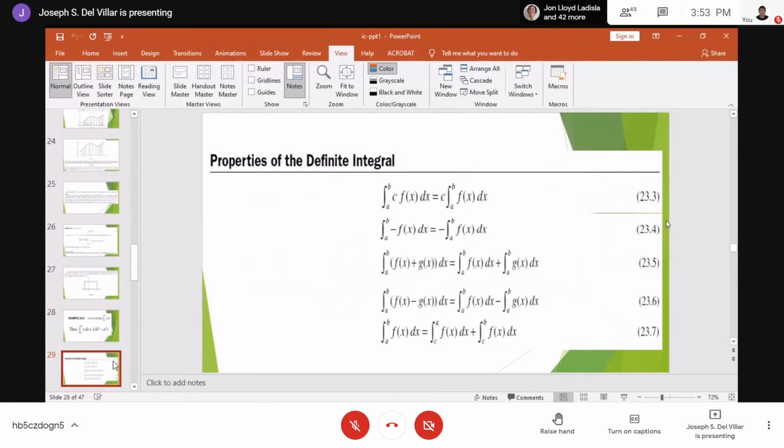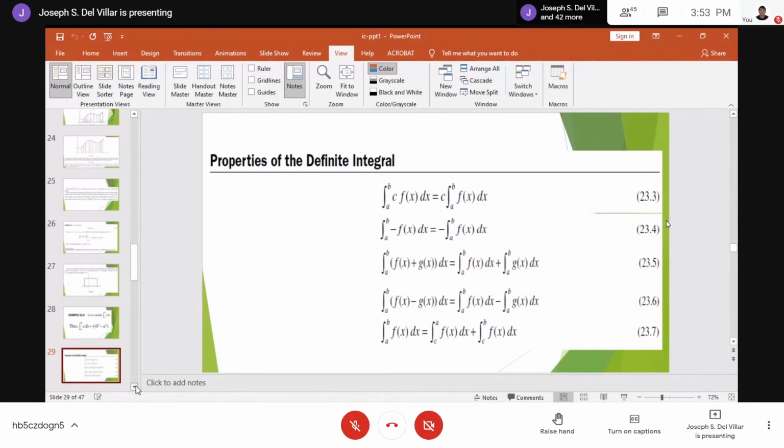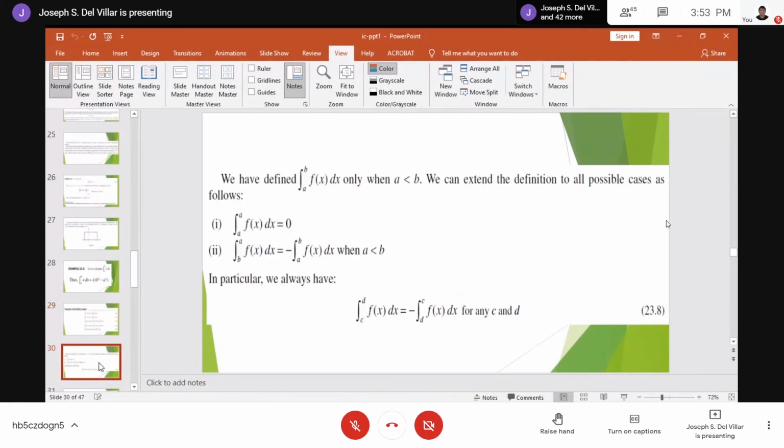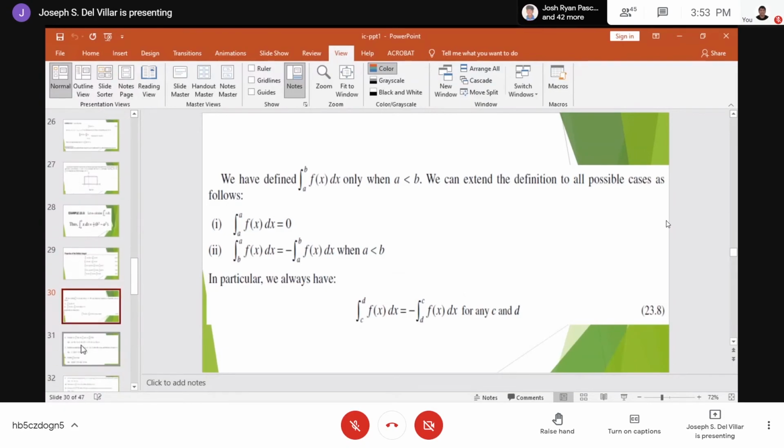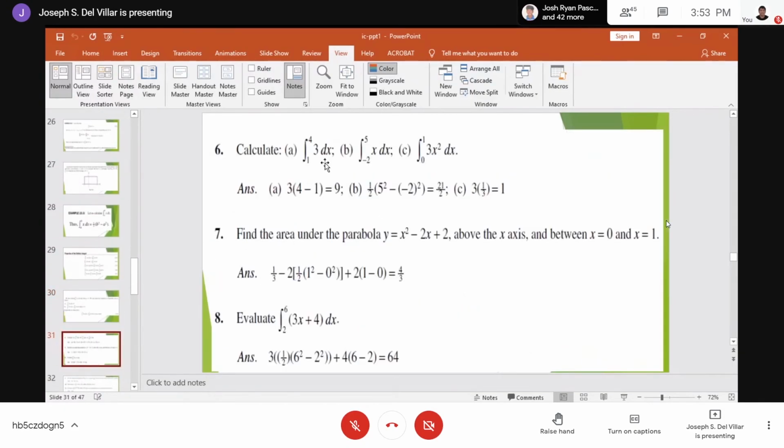Okay, as an example, ito, no? Ito, i-evaluate na natin. Wala na ditong plus C. So dito yung time na mawawala na yung constant of integration because we will now be dealing with definite integrals.